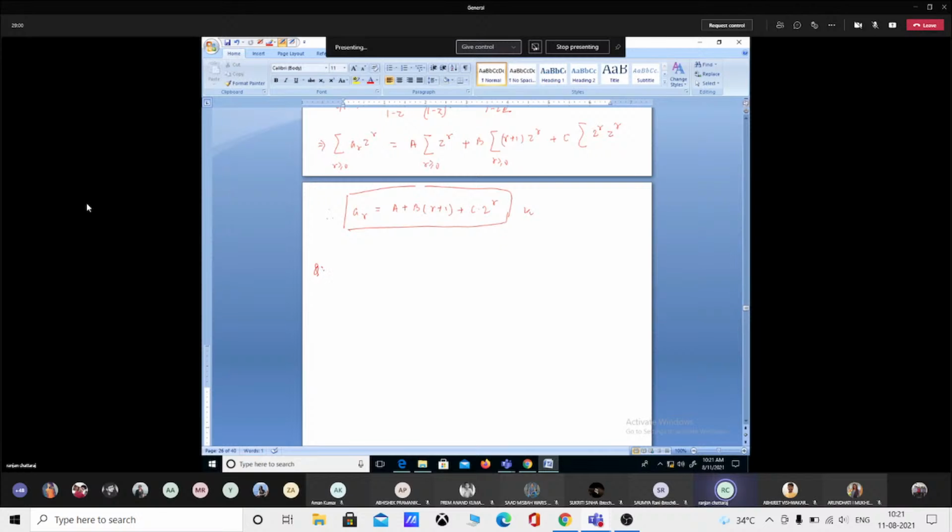The question is: solve using generating function. Sometimes it is given in terms of a_n also.